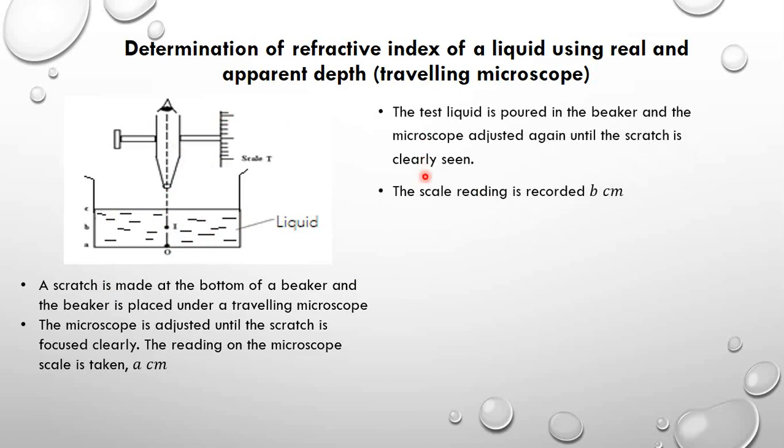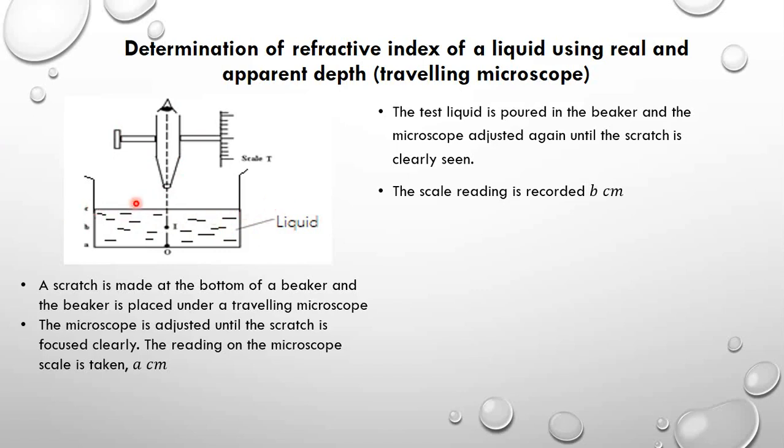After that, we are now going to sprinkle some lycopodium powder on the top of this water, or you can sprinkle any powder or anything which can float on this water, on that liquid.